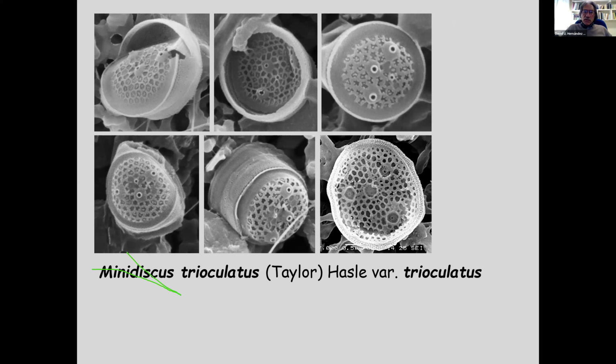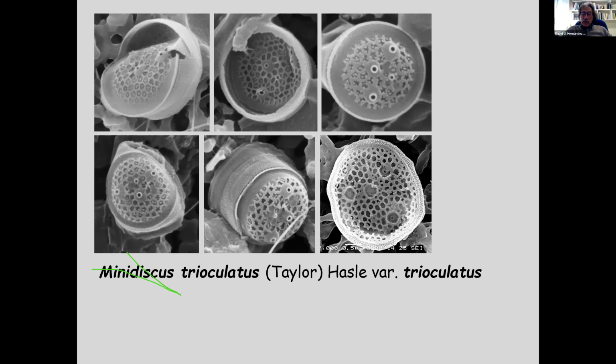Most of the species were studied from field samples, net or bottle, and some of the bottle samples were filtered to have the material on filters. And this is especially important for very small species like Minidiscus and Mediolabrus.